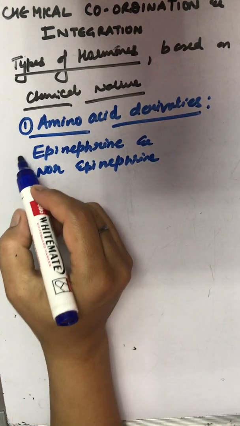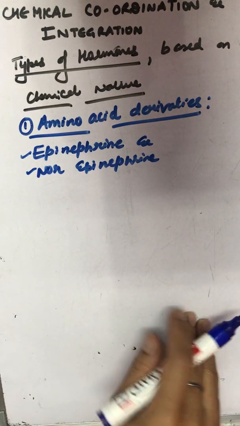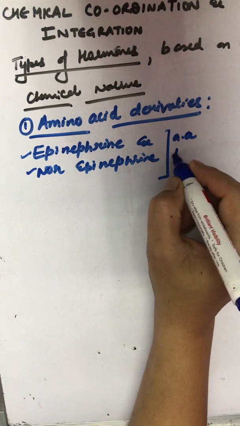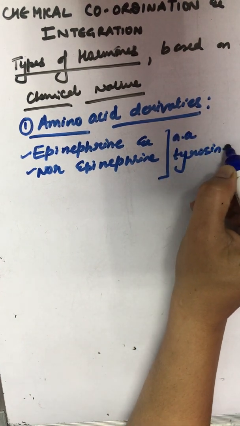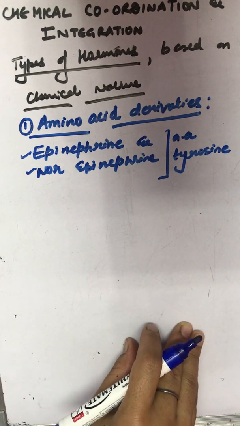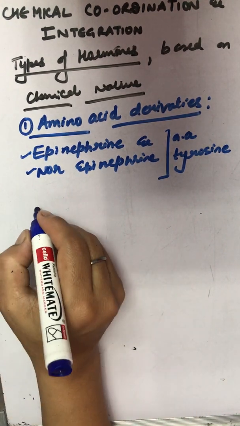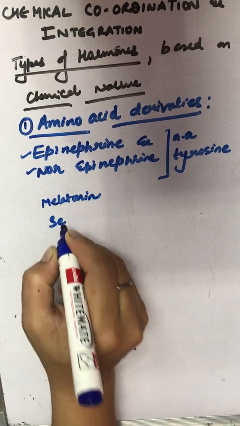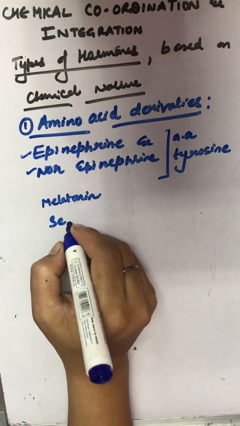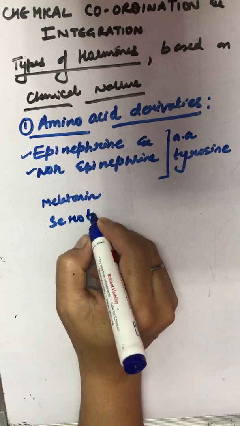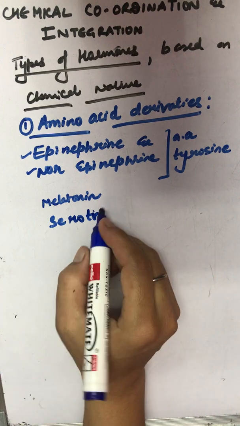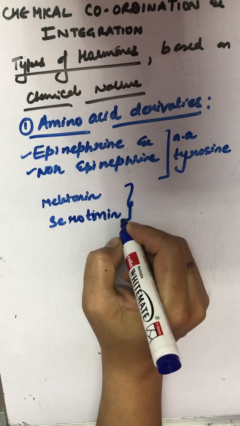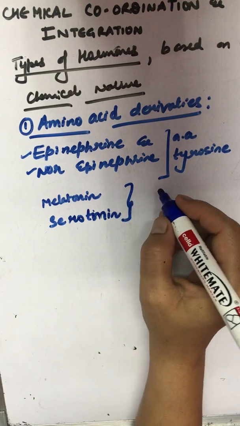Alright, epinephrine, norepinephrine. These are derived from amino acid tyrosine. Clear? Melatonin, serotonin, another example. Hopefully this example is not given in NCERT. These two are derived from amino acid tryptophan.